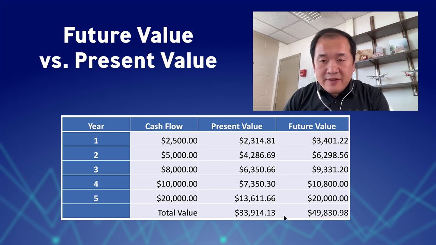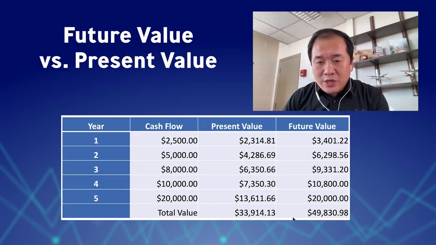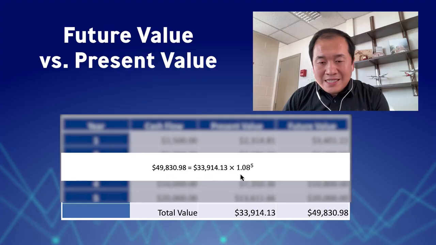The total future value of this series of payments will be $49,830.98. What's also interesting is that the total present value can be easily converted into the total future value. You see here the equation will stand.